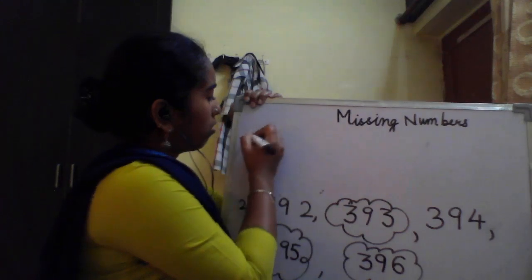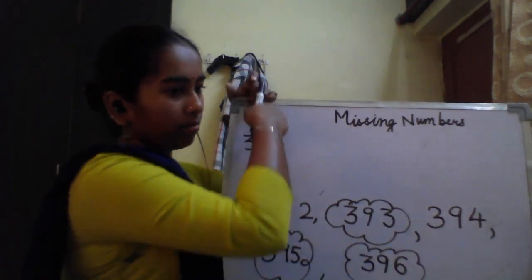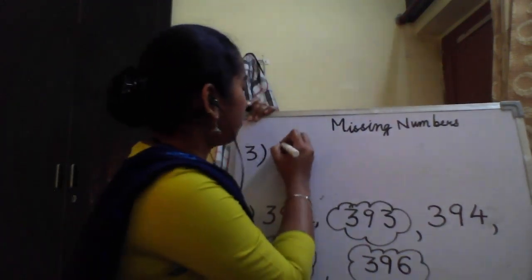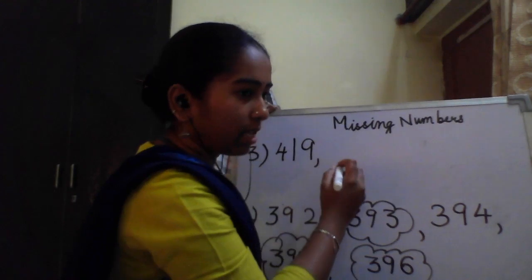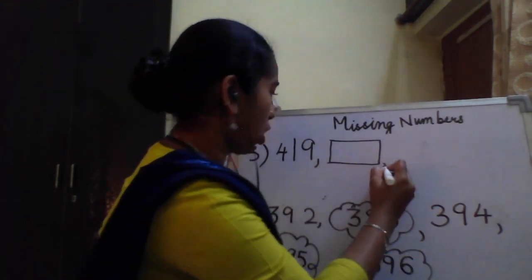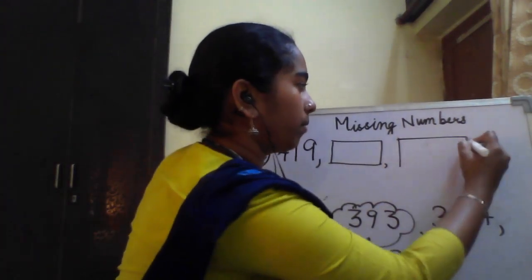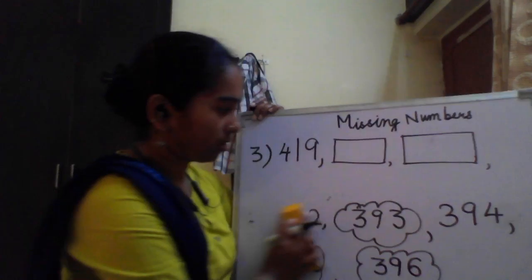So now the third part comes. We have 419 and then we have a box. We have another box.